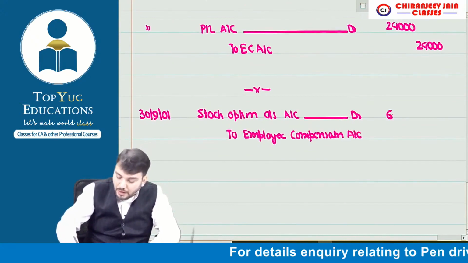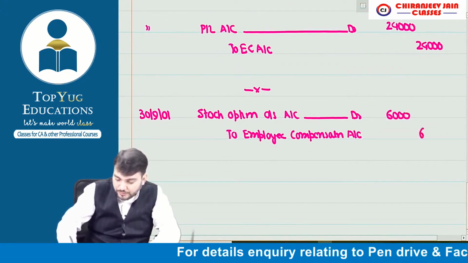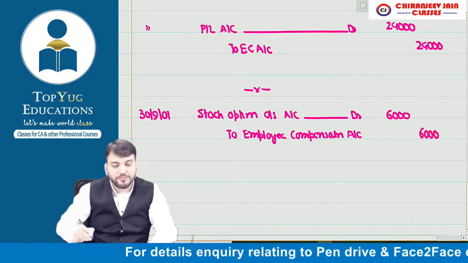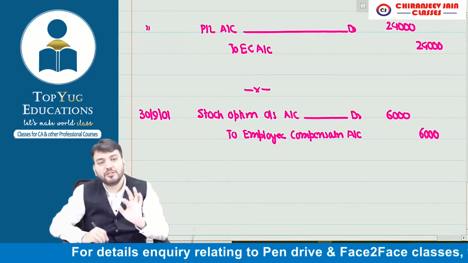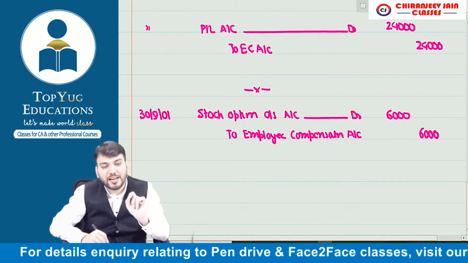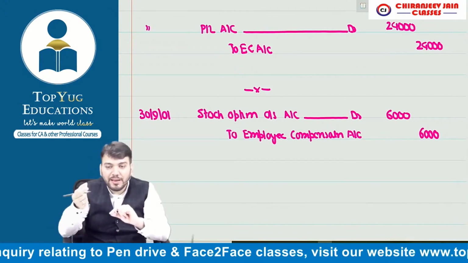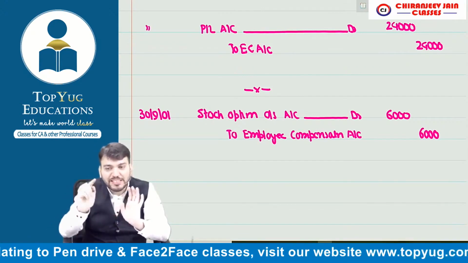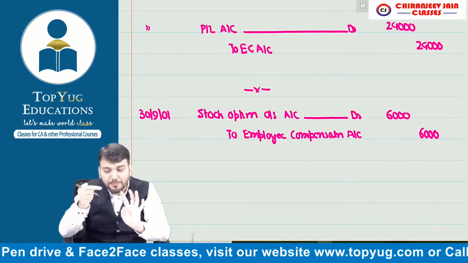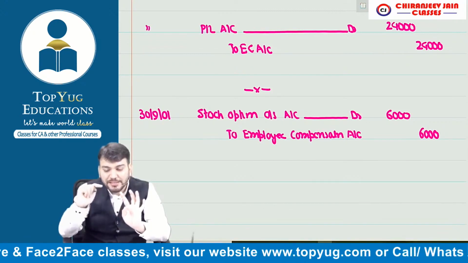Correct? How much? 6,000. Correct? It means this is nothing but changes in accounting estimate. So in this year, your employee compensation expense will reduce by 6,000.